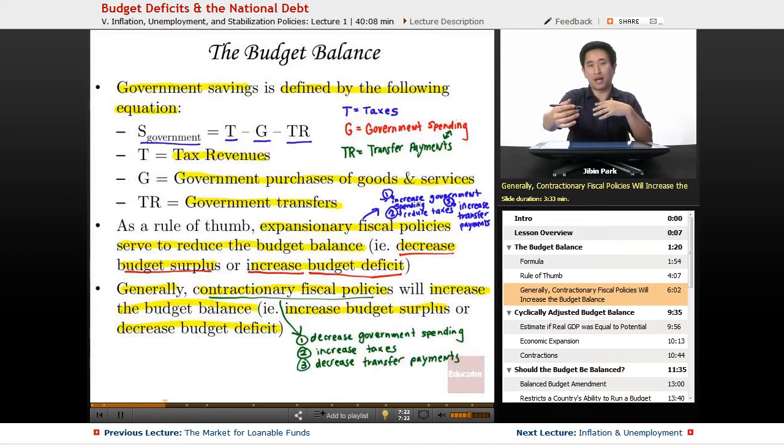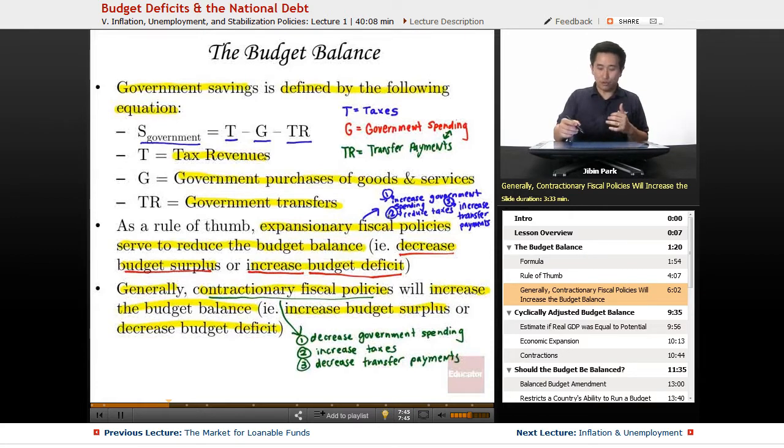You're giving money back, you're spending more money. It's very politically popular. Whereas the green one, contractionary, decreasing spending, increasing taxes, decreasing transfer payments, this is going to be very unpopular. So this might be the more responsible thing to do. But expansionary is definitely more fun. People are going to prefer more being spent.